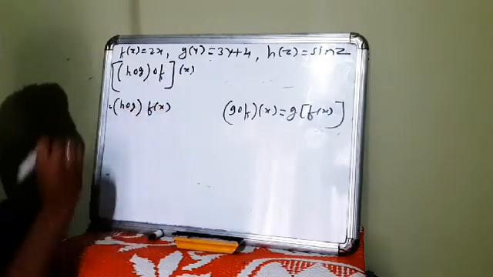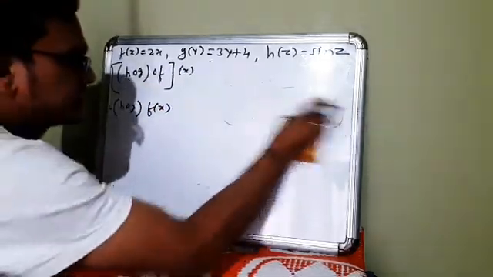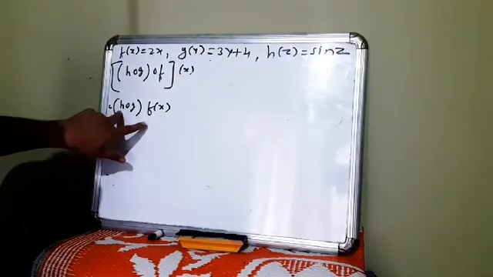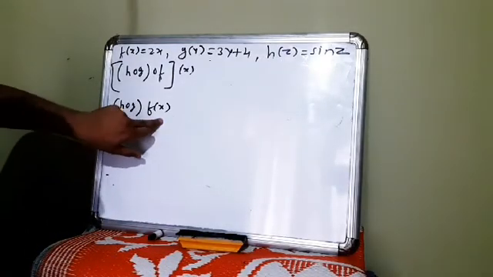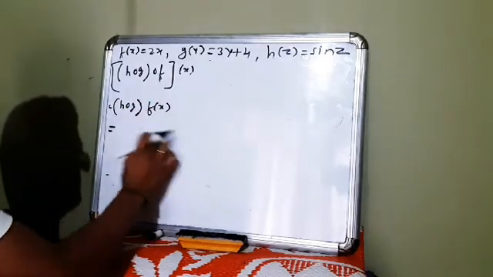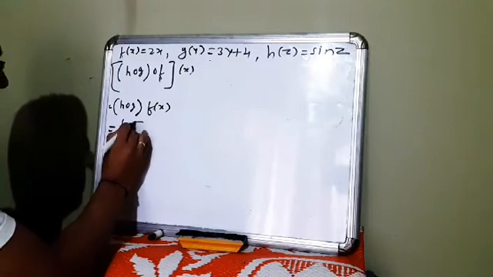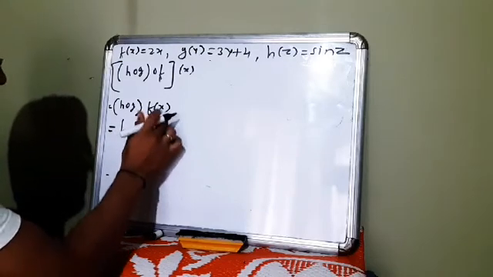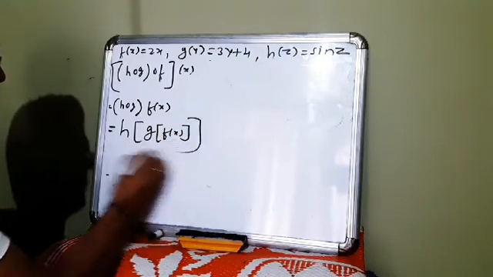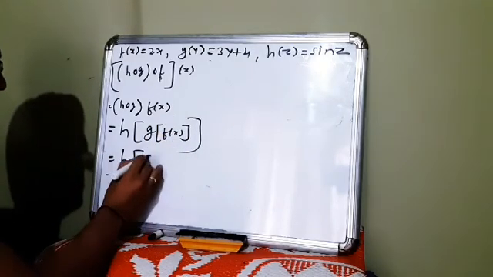Now this f will be f of x. The next term, again you have to use the definition: H composition G of x. Here x is this complete f of x. Therefore H of G of x, but x is f of x. And again h as it is, g as it is.